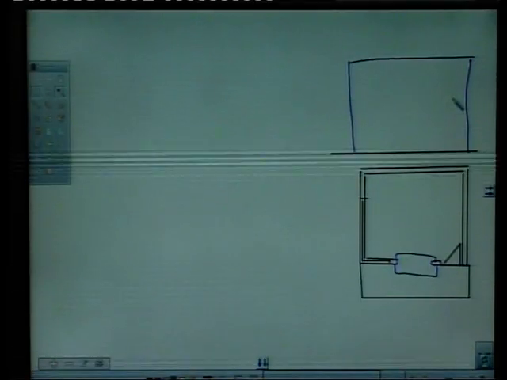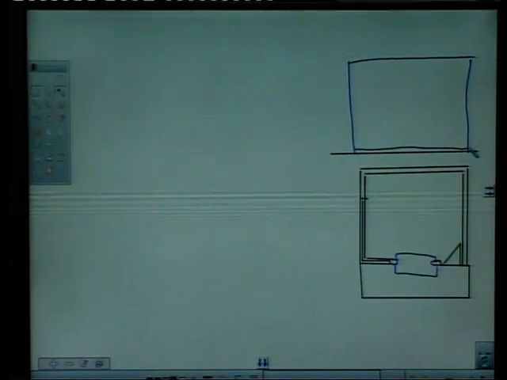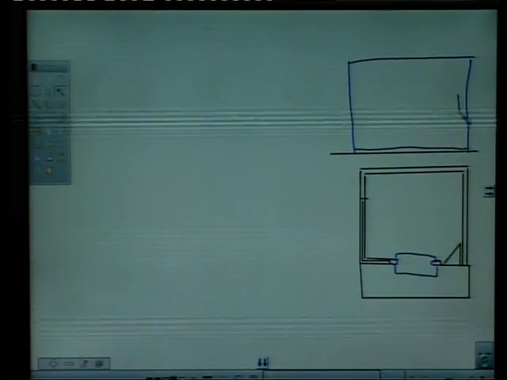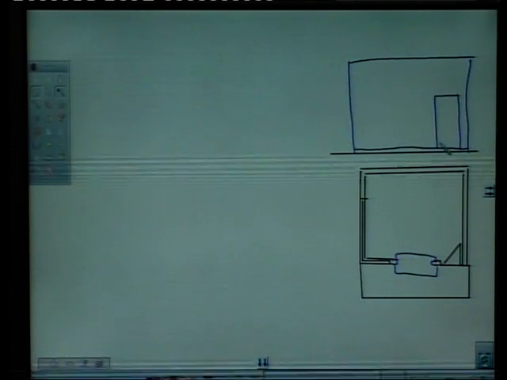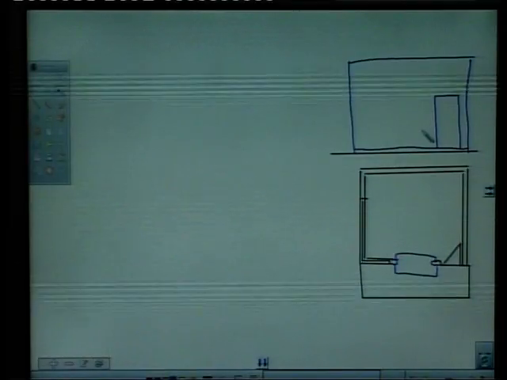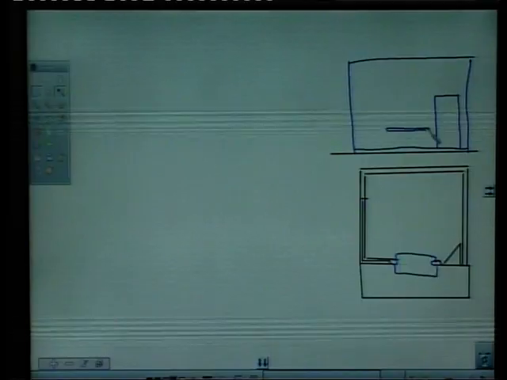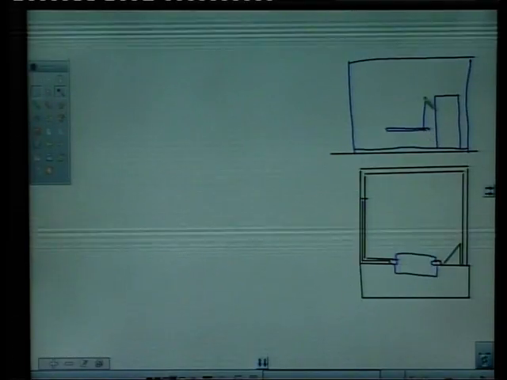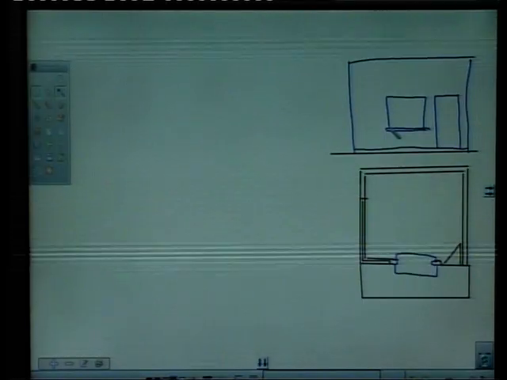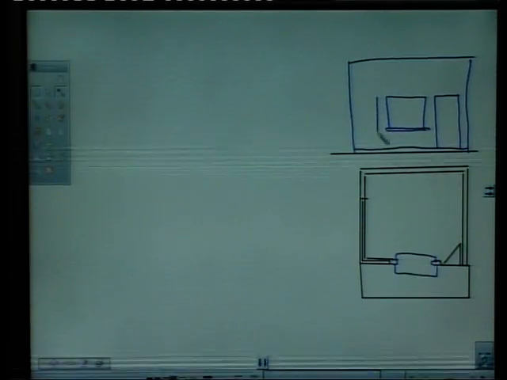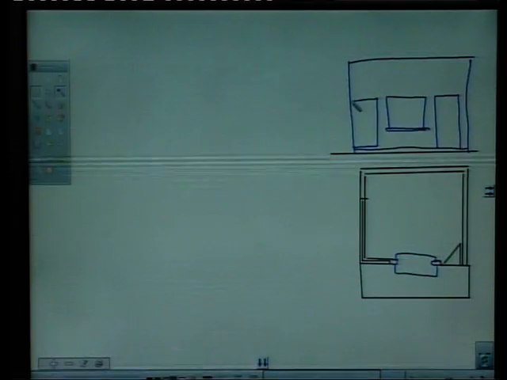Say here first a little raised level, and say here we have a door, this door. Then we have a counter and a window. Then we have a big window, say an L-shaped window.